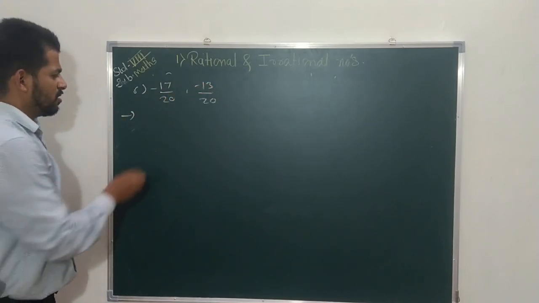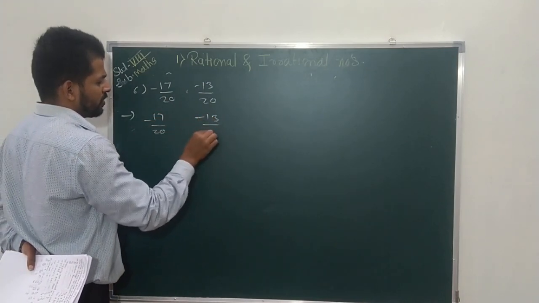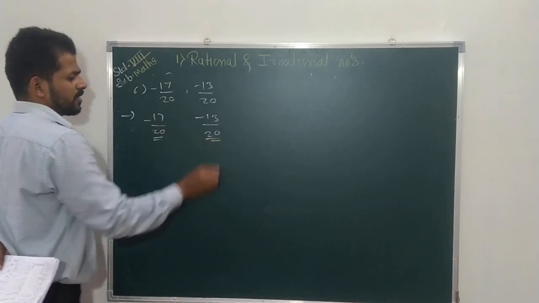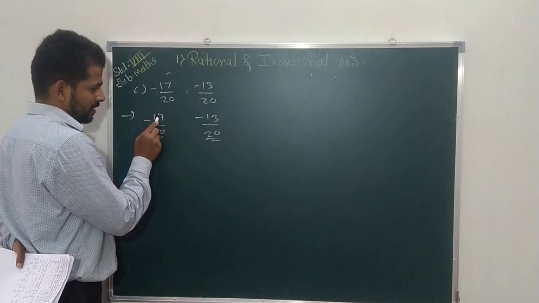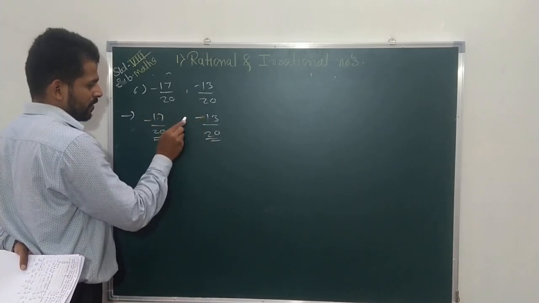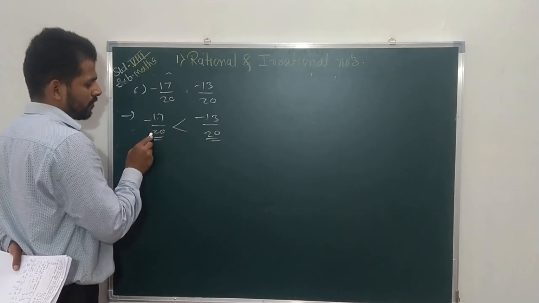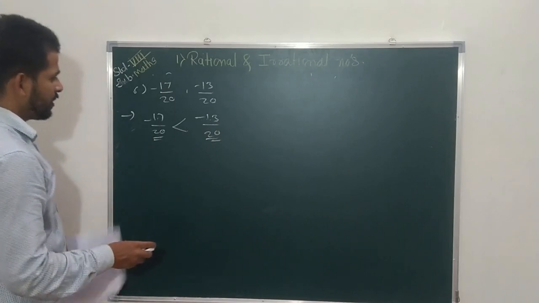Same here, the denominator is the same. When the denominator is the same, you compare the numerators, minus 17 and minus 13. Minus 13 is greater than minus 17. That's why minus 17 upon 20 is less than minus 13 upon 20.